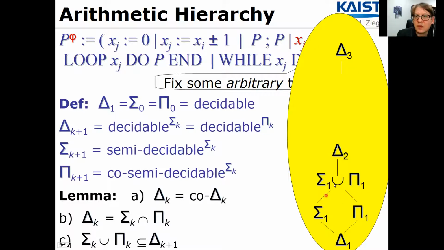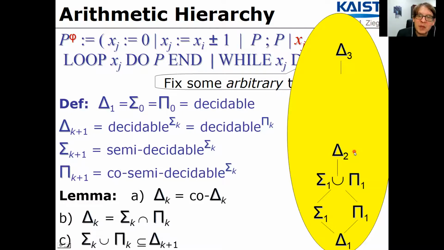And moving up further, the union between those two classes, any problem that is either semi-decidable or its complement is semi-decidable, or both, that's strictly more than just being semi-decidable, as for example the halting problem illustrates. Whereas this here is the intersection. This is the union, either or, and this is the intersection, being both.